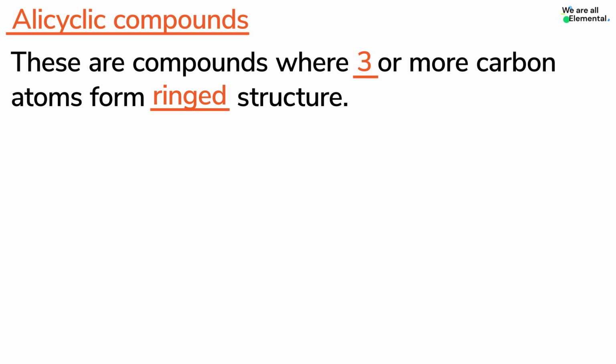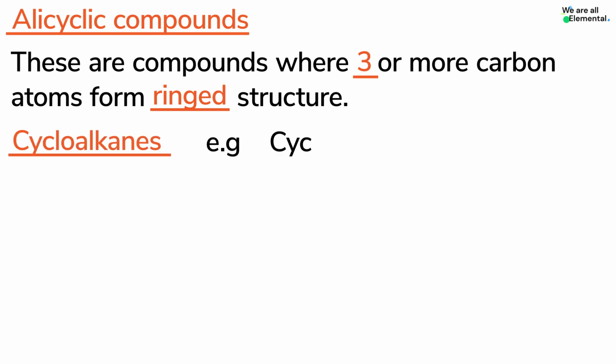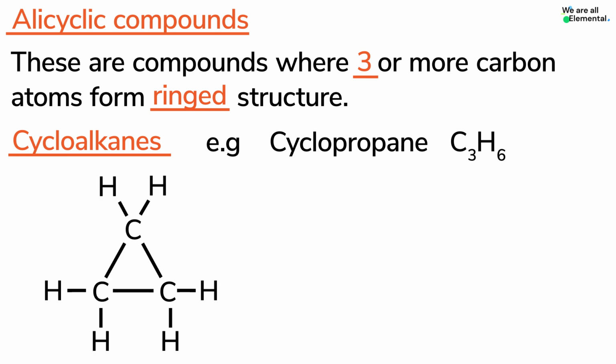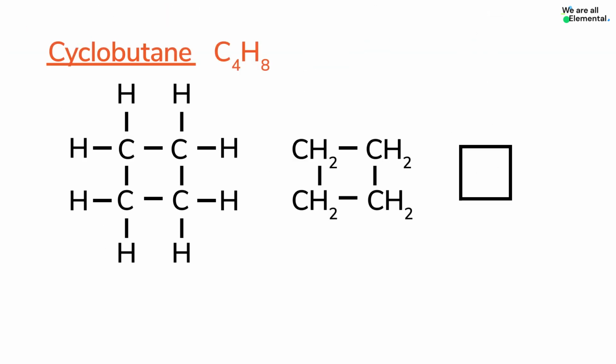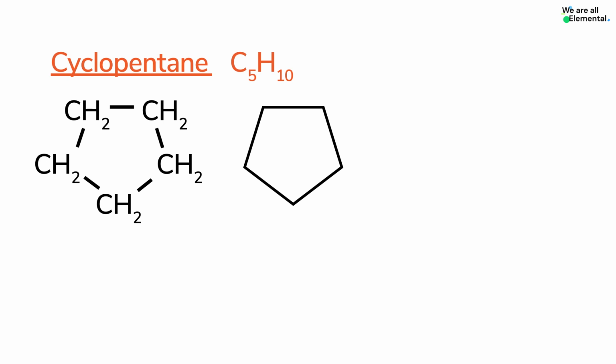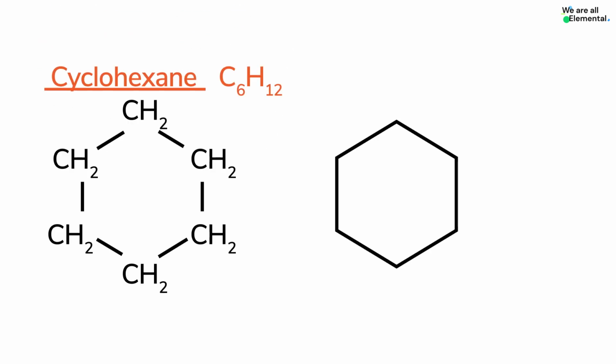The first member of the cycloalkane series is a 3-carbon ring structure called cyclopropane. And these are the structural formulas of cyclopropane, and the formula is C3H6. The next member is cyclobutane. This is cyclopentane. And this compound is cyclohexane.